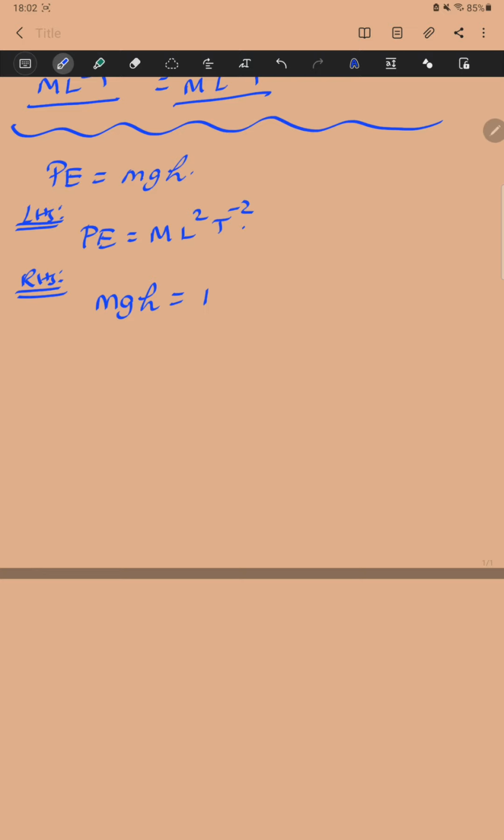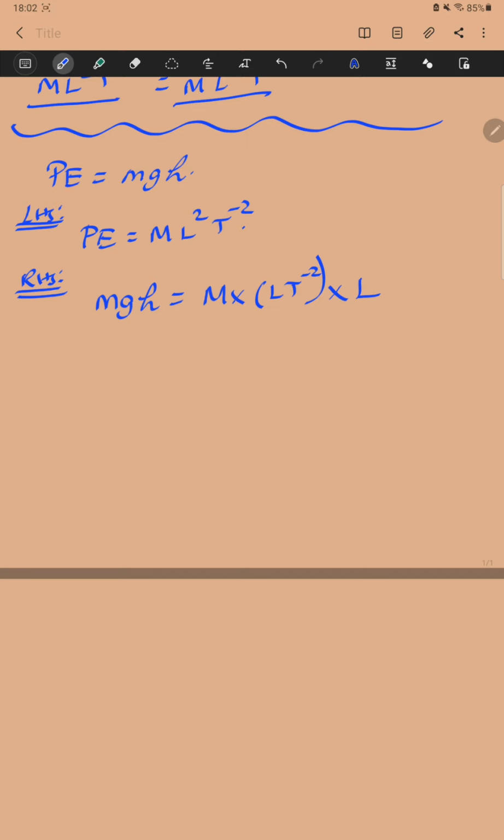For mass, it is M times g. You might be wondering, what is the dimension for g? G, my dear people, gravity, is nothing but the acceleration due to gravity. So, what is the dimension for acceleration? It is L t power minus 2, times h, which is length.